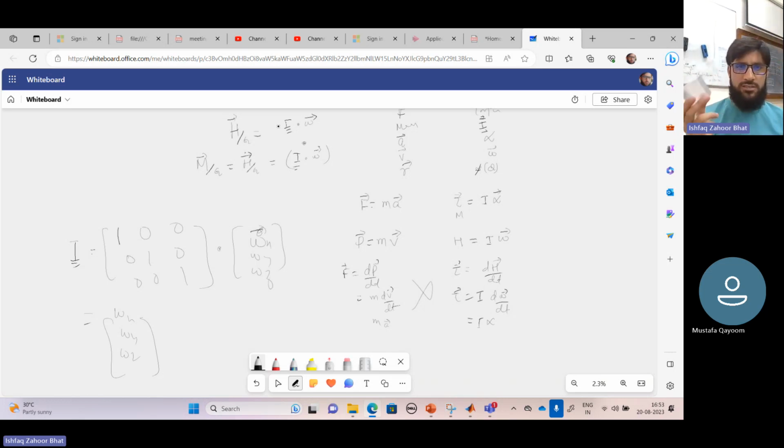And this will have consequences. For example, if you want to rotate it faster in some direction, you have to apply the torque in that direction, and since your angular momentum vector is in the same direction, you may take omega dot as the same as the torque vector.